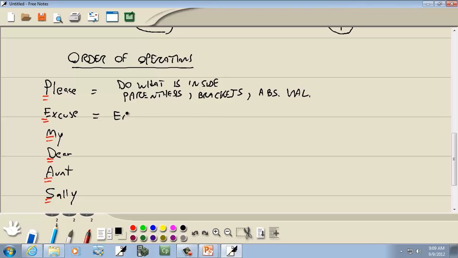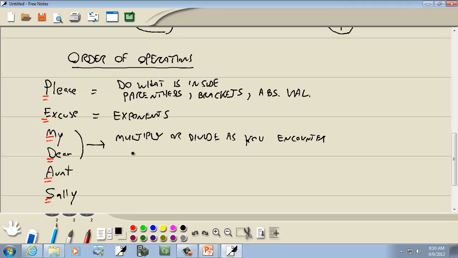The E stands for exponents. So you do the exponents next. Now these two are taken together. And this says multiply or divide as you encounter either one from left to right.